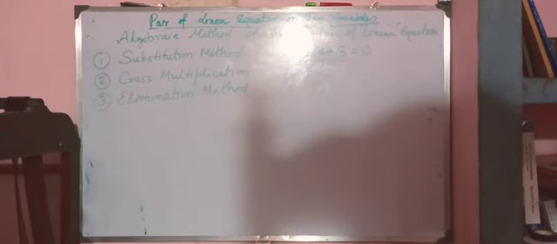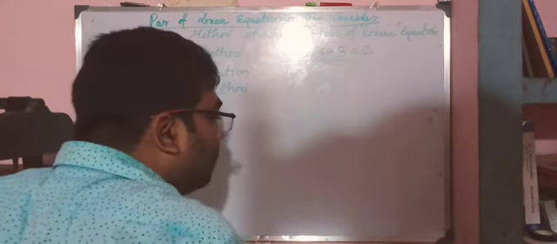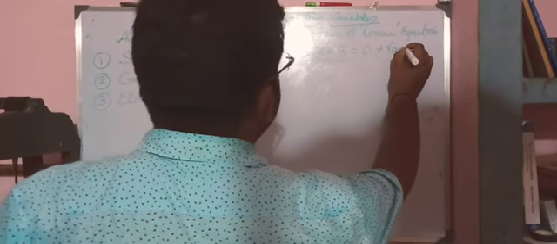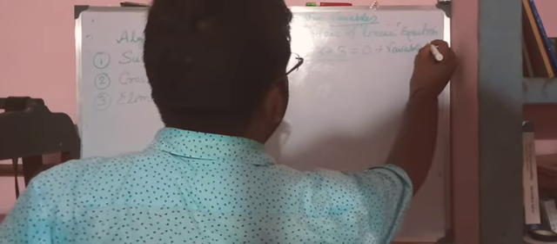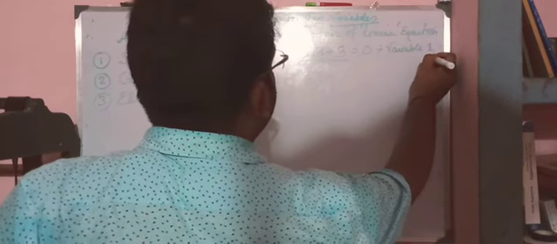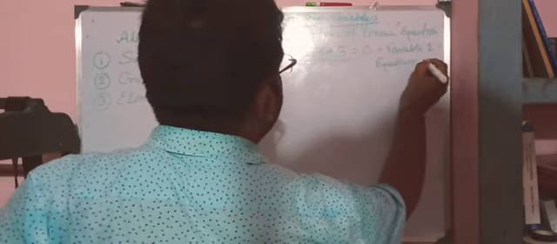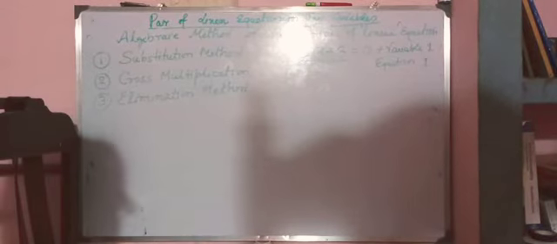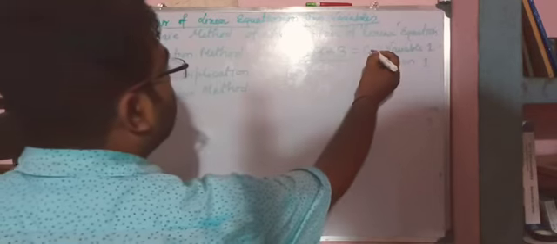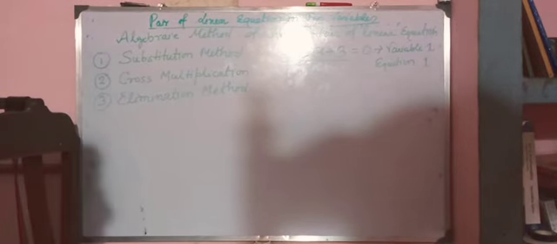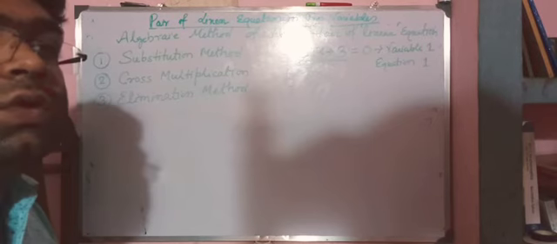But for a linear equation in two variables, here the variable is 1, that is x. When the variable number is 2, then to solve them we need at least two equations.